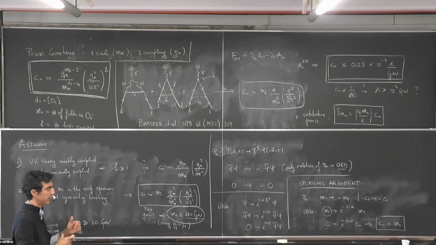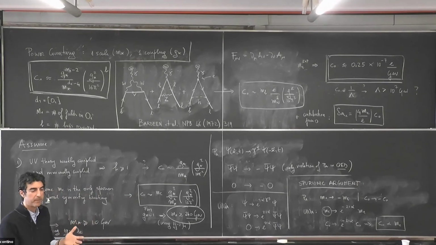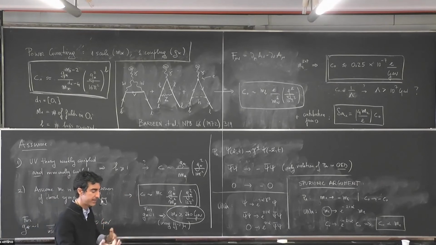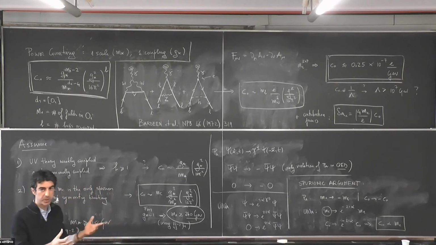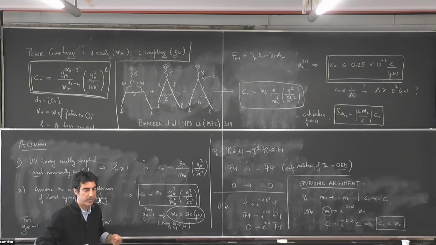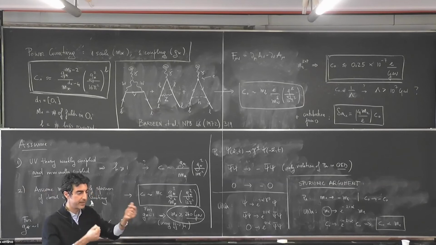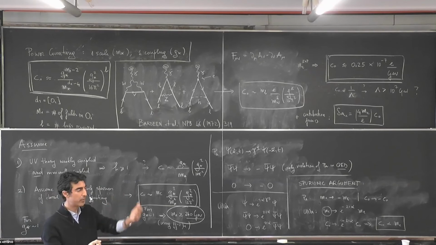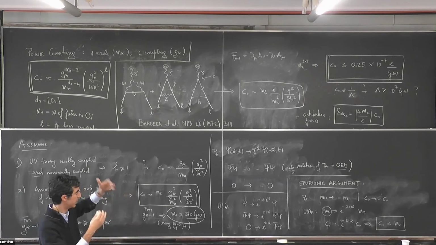So the question is, when am I allowed to use my effective field theory to make predictions on observables, and when does my effective description break down? Well, we know that the effective description breaks down when we compute quantities which involve energies of order M star, the UV scale.